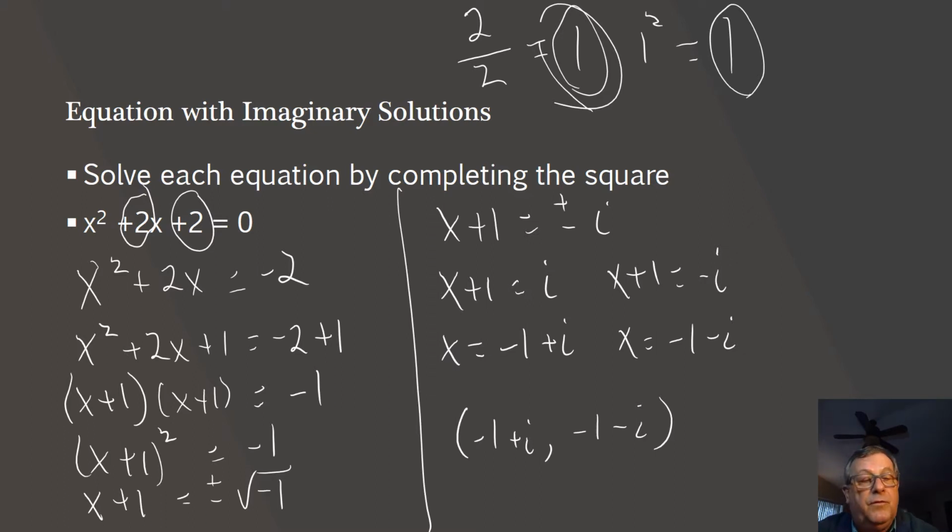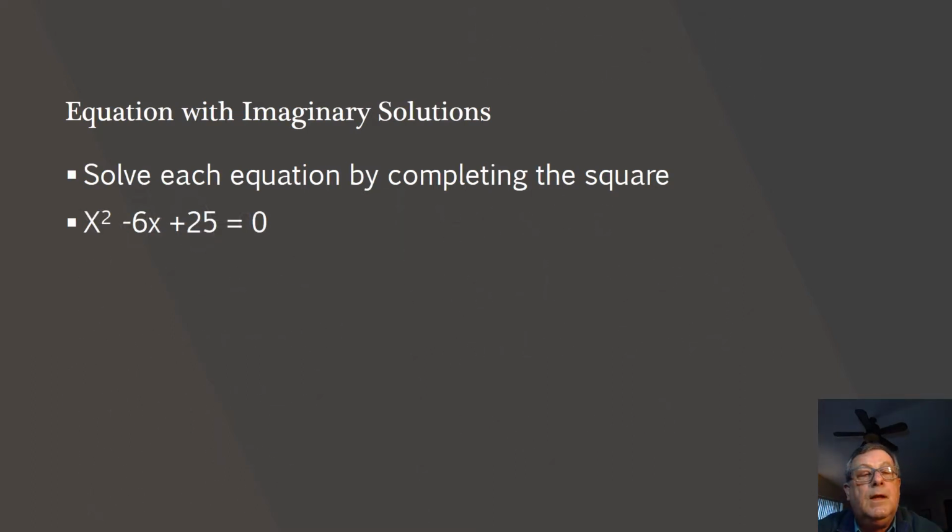Now, let's move over and look at one other, and then we'll be done after you get plenty of practice of completing the square. Now this time we got x squared minus 6x plus 25 equals 0.